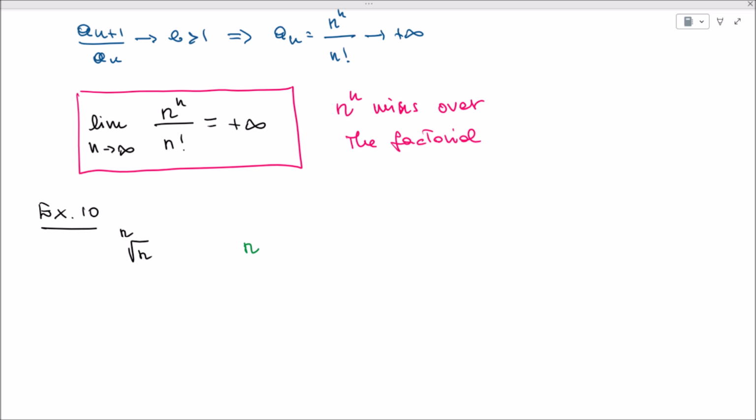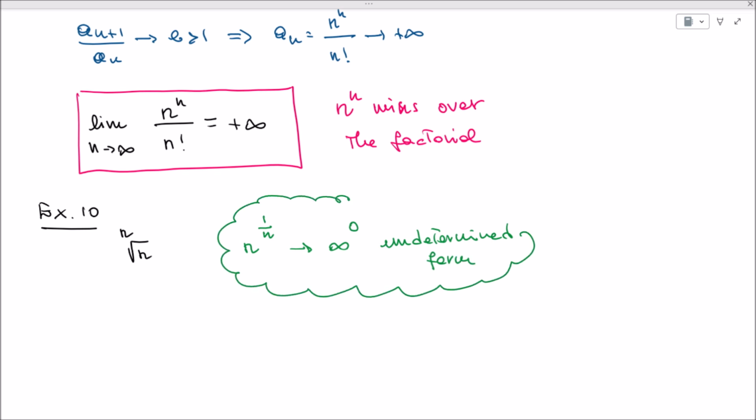We can write this as n raised to the 1 over n. But when n goes to infinity, this gives rise to infinity to the 0, which is one of the indeterminate forms. So no, we cannot see what the limit is by just using this reformulation.